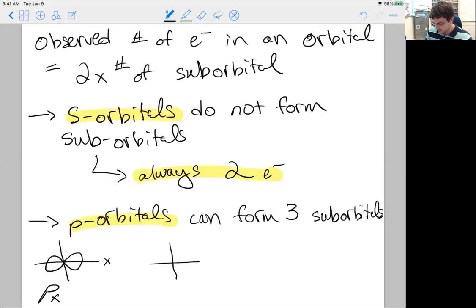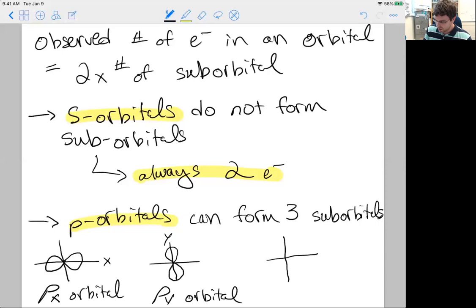We can have a p orbital parallel to the y-axis. This would be the py orbital. Or we can have a p orbital coming out at us by way of the z axis. This is going to be the pz.